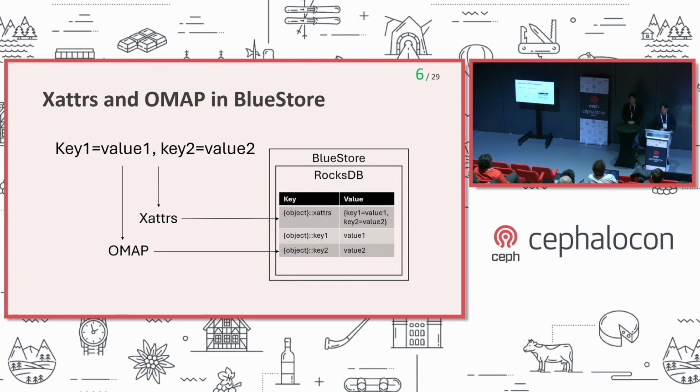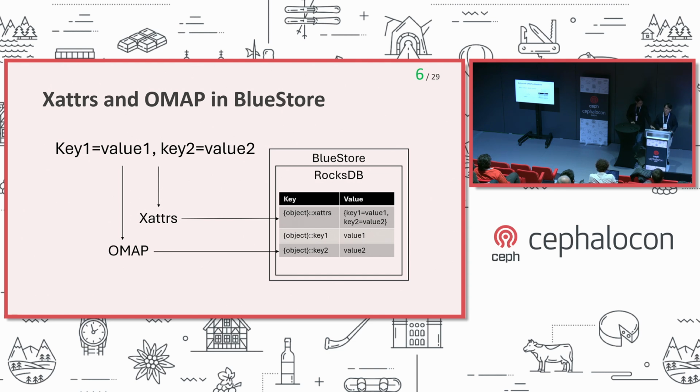As you can see in the diagram, object OMAP is stored as a single record. Its key is a combination of object ID and the name of the OMAP. That means that all OMAP keys can be iterated using object ID.